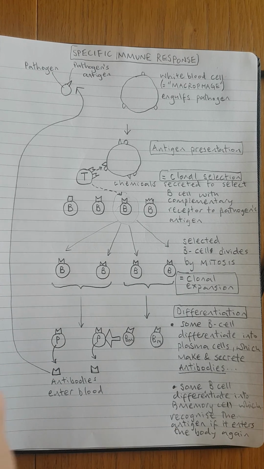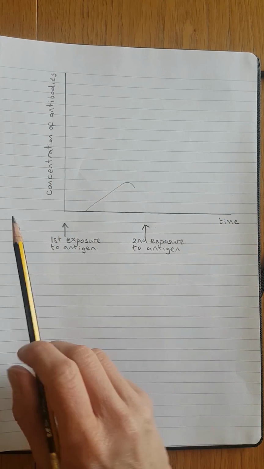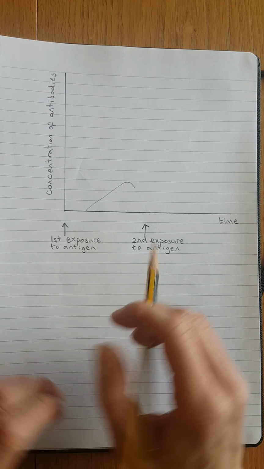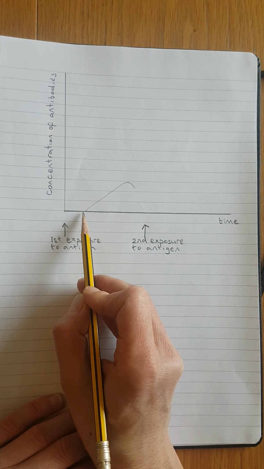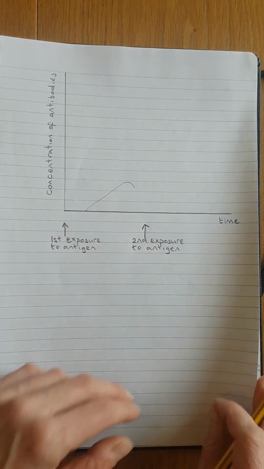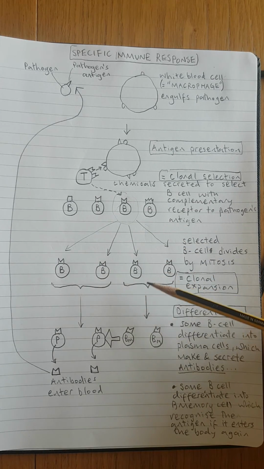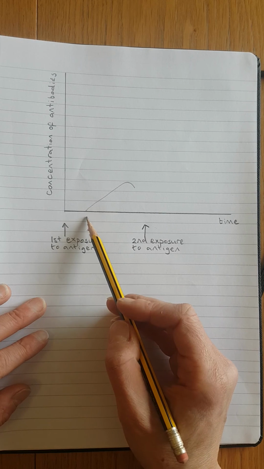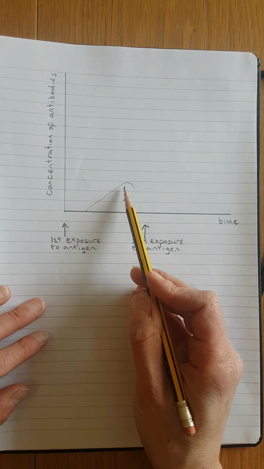So if we just finish this little tutorial by having a look at a graph, okay? So this shows you the concentration of antibodies, your first exposure to the antigen, and we can see that there's a delay. This delay here is equivalent to 3 to 5 days, where you are making no antibodies because you're having to go through all of these stages the first time that you're exposed to the antigen. So eventually you start to make a few antibodies, but not very many, and quite slowly as well.